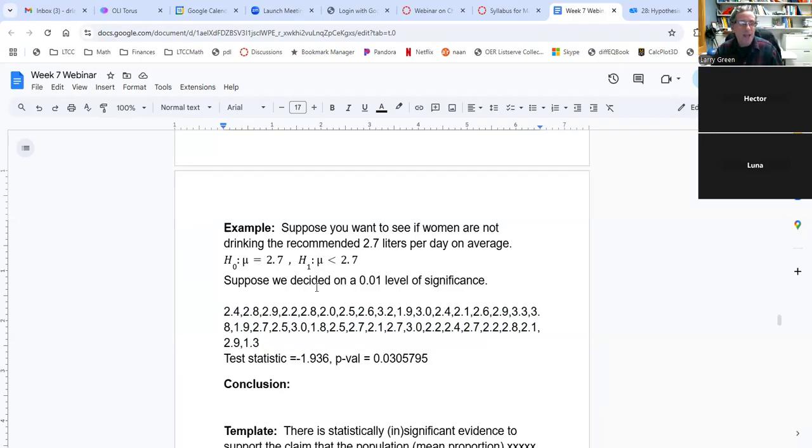Okay, so now if our level of significance is 0.01, the p-value is bigger than that.